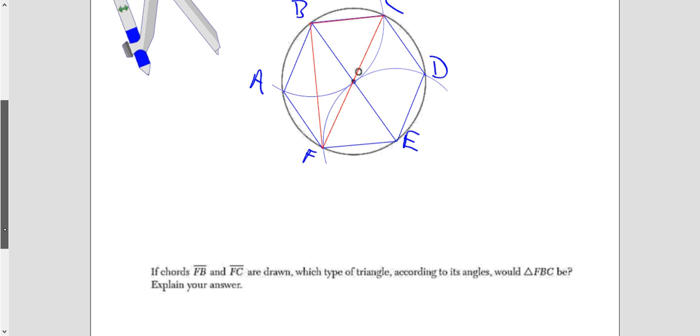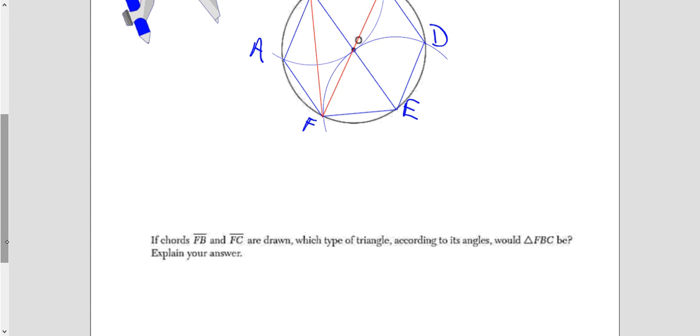So they asked, what kind of triangle would FBC be, the one we just sketched in there? A right triangle. Okay. Remember, there are two conditions that have to be met. It meets both of them. What were the two conditions? First of all, that triangle is inscribed, that's the first condition, and also what?